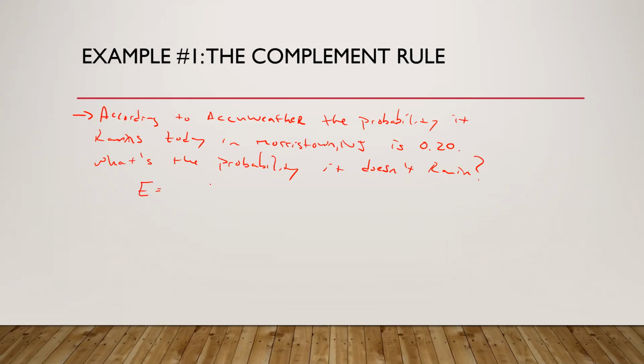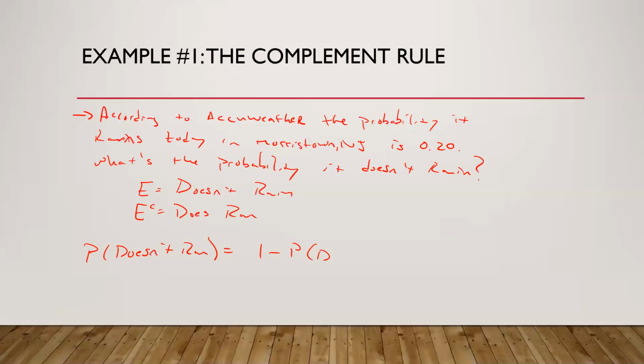So event E here, what we're looking for is the probability it doesn't rain. The complement, the opposite of it doesn't rain, is it does rain. So the probability it doesn't rain is equal to 1 minus the probability it does rain, which is 1 minus 0.20, which gets you that 0.80.